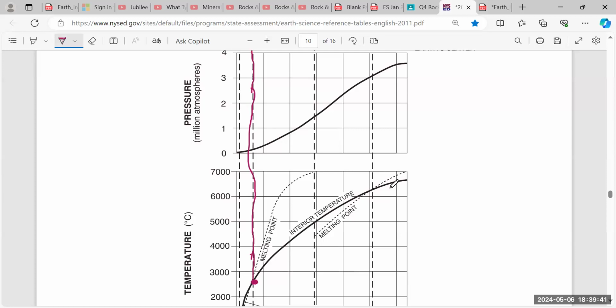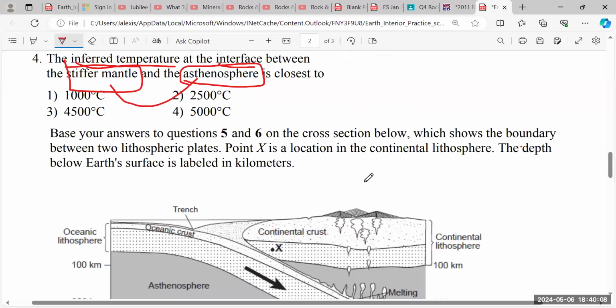The interior temperature is this black bold line right here, and it stops at this point of the interface. And it definitely looks kind of halfway between 2000 and 3000 degrees Celsius. I would say 2500 degrees Celsius. Now, what answer is closest to that? It definitely looks like answer number 2. Boom.